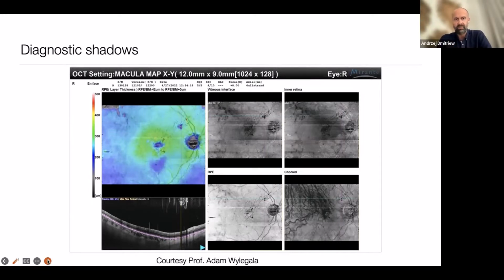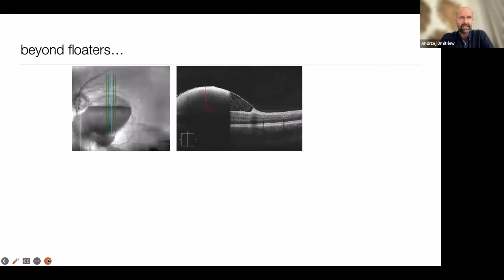So it's one of the arguments why the treatment in such cases should be considered, not just because of patient's perception, but sometimes because of diagnostic reasons, which may help us in this decision-making process. And obviously, we'll have another co-panelist in October, Professor Lagawa from Poland, telling us a lot about the use of the OCT in such cases.